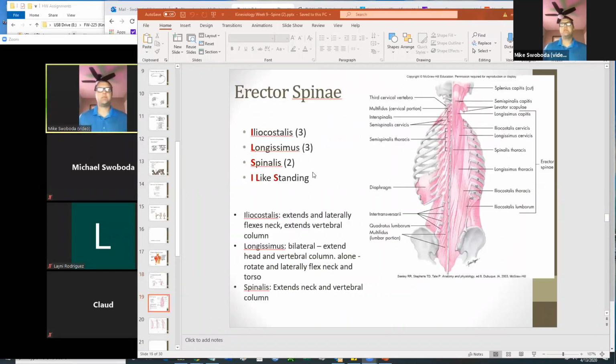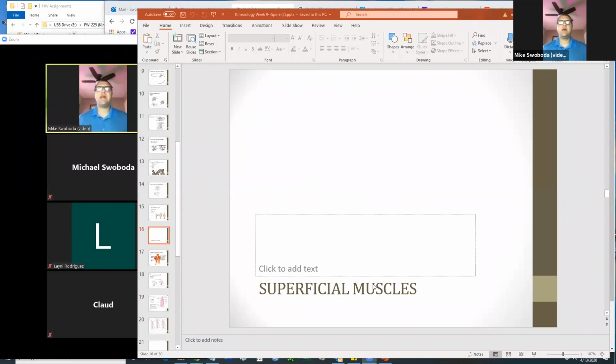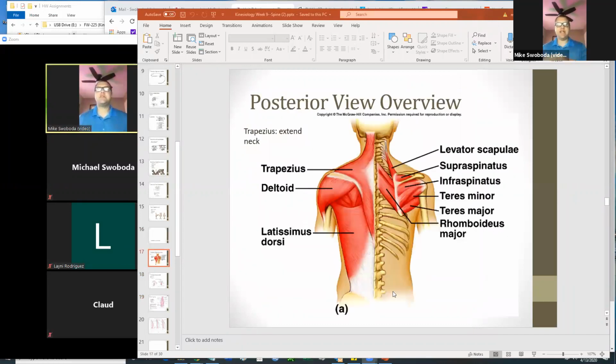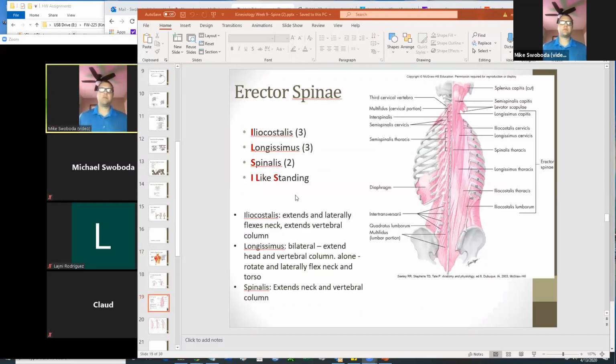Your erector spinae, these are your most important postural muscles. These are also deep muscles. So if I looked at this picture here, my erector spinae muscles are underneath all of these. The word erector means upright, so your erector muscles keep you upright. Spinae refers to the spine. And these are a group of three muscles that keep you upright.